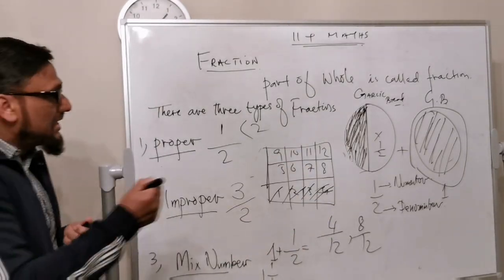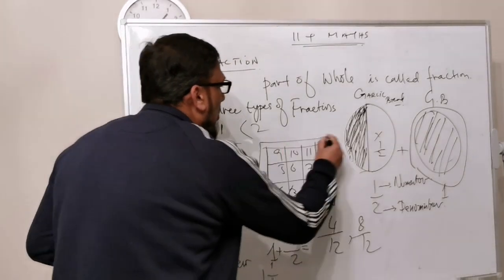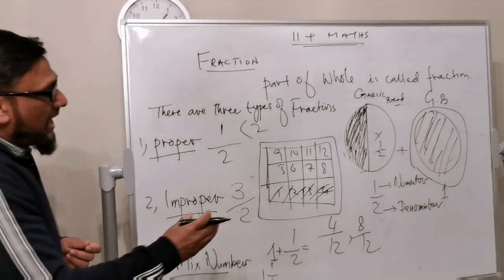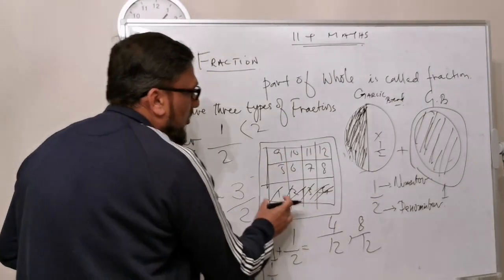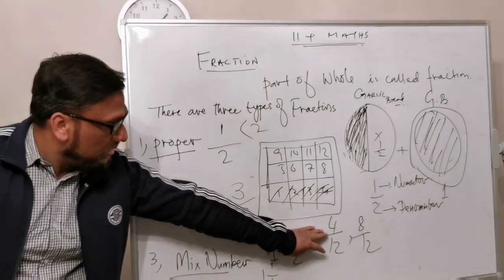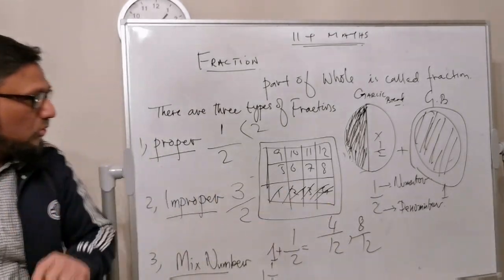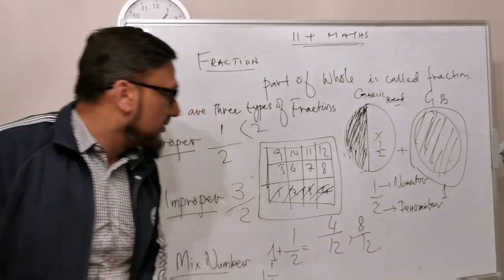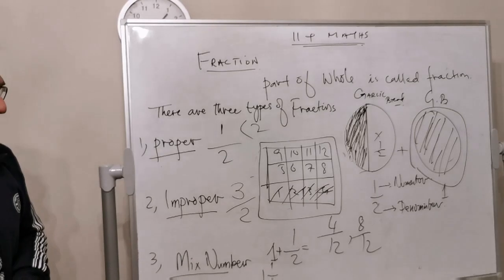So this is a whole job, which has 12 small jobs, and I finish 4 out of 12. So the remaining jobs are 8 over 12.